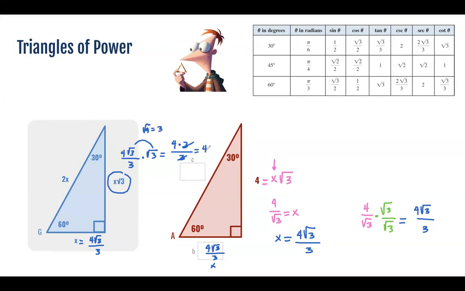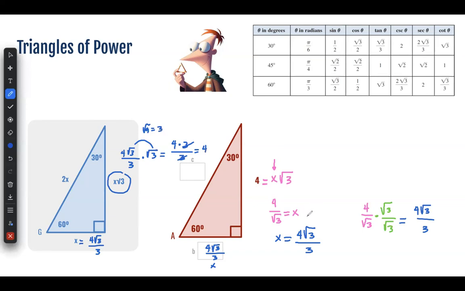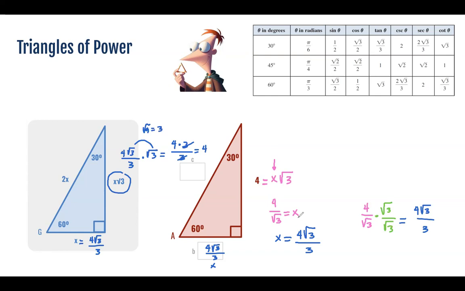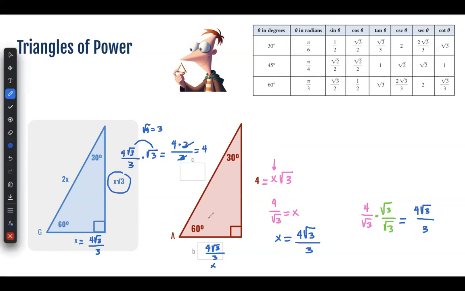Or if we just do it without rationalizing, it would be simpler to find that side, but not as direct for the length of this side, because that side is simply twice the length of the side that we have down here.